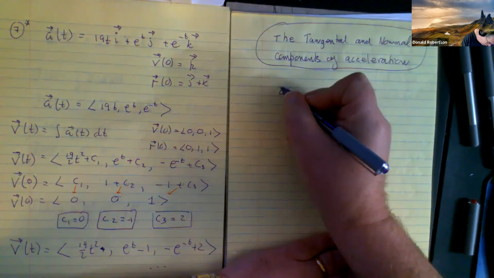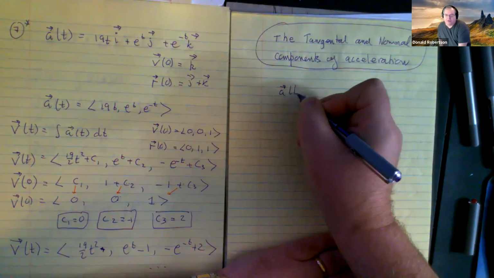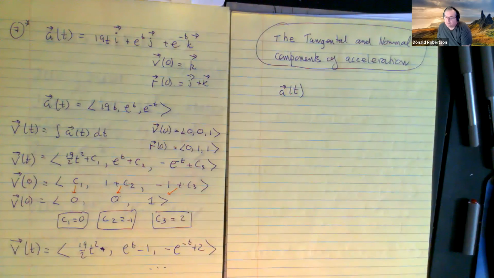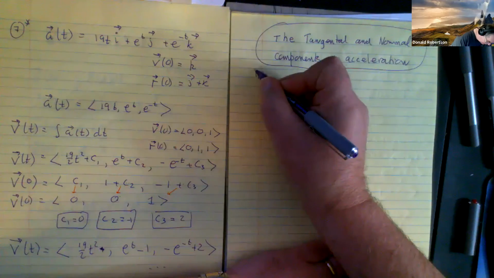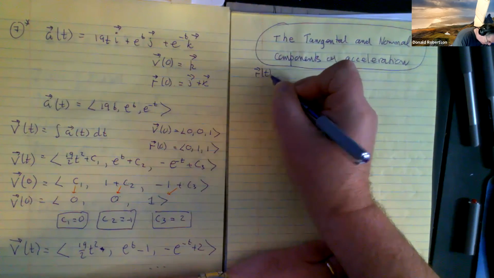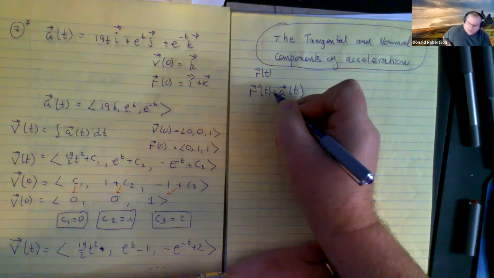Imagine that you find the acceleration vector, right? So you started off with your space curve, and you found the second derivative, and that was your acceleration vector.